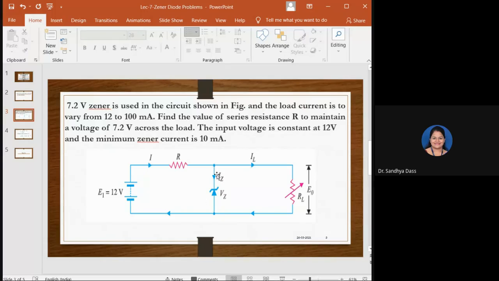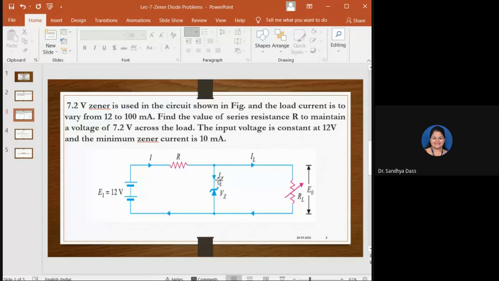According to our condition, if we want the Zener diode to operate in the breakdown region and maintain constant voltage, then this maximum Zener current also should not exceed the specified maximum value, so that the device doesn't break down or get damaged.